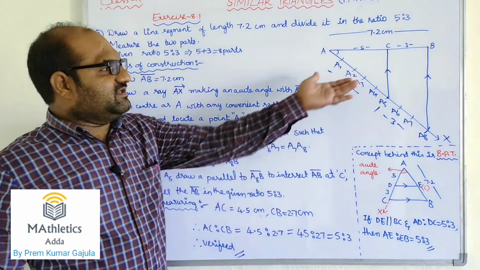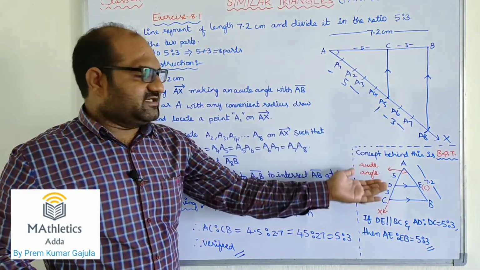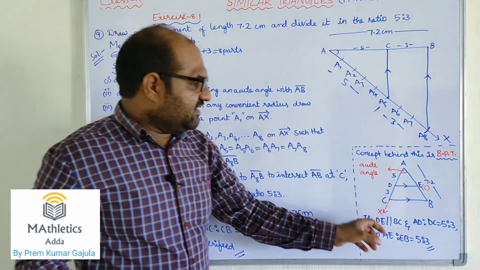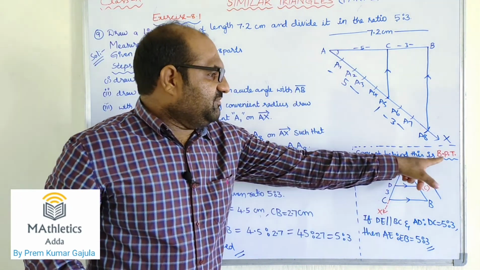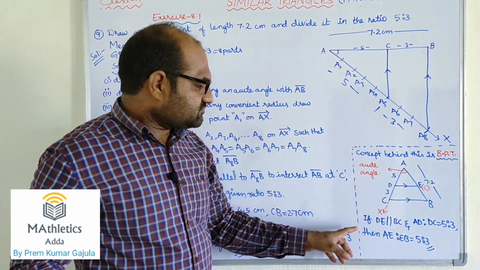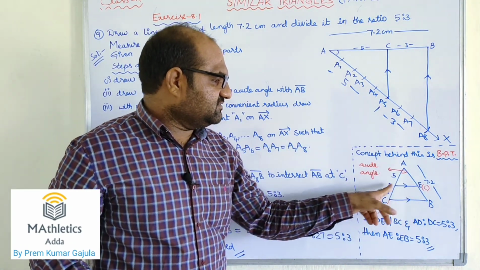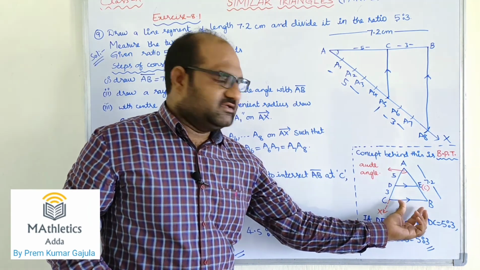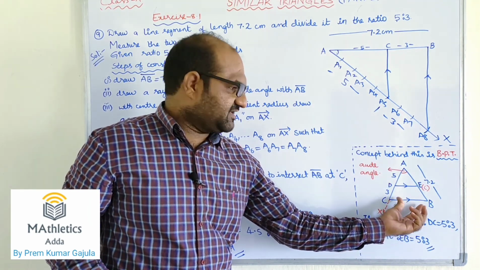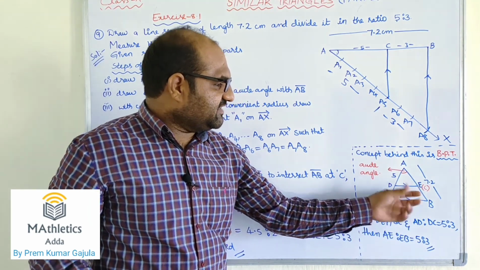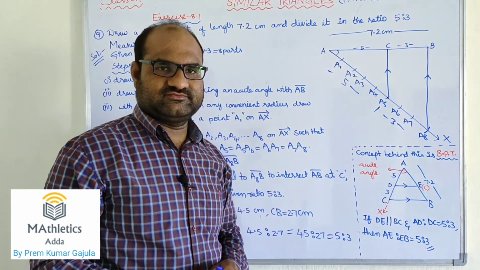Now why are we getting it like this? Let us understand the concept behind that. In the BPT theorem we have learned that if a line is drawn parallel to one side of a triangle, then it divides the other two sides in the same ratio.